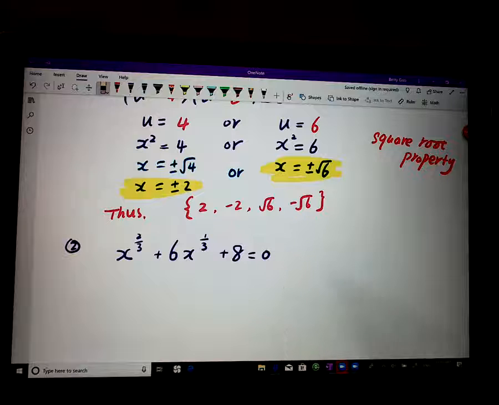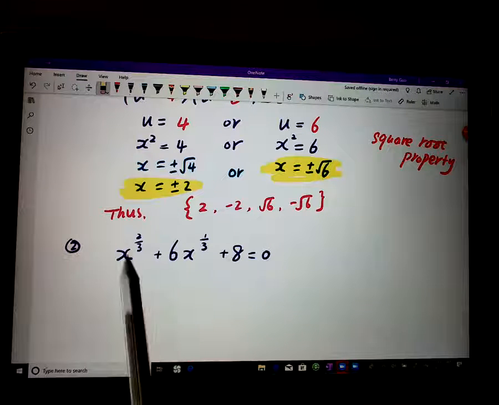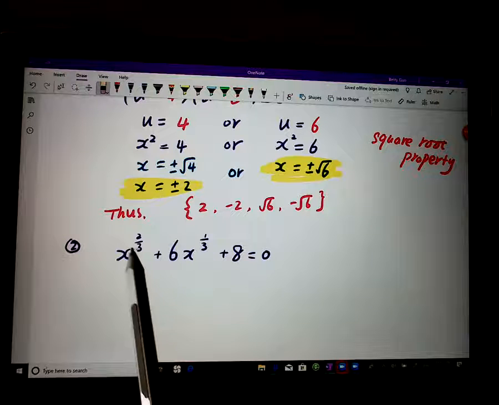Just from the appearance, we can say the equation is quadratic in form. The right hand side is 0, the left hand side is a trinomial.